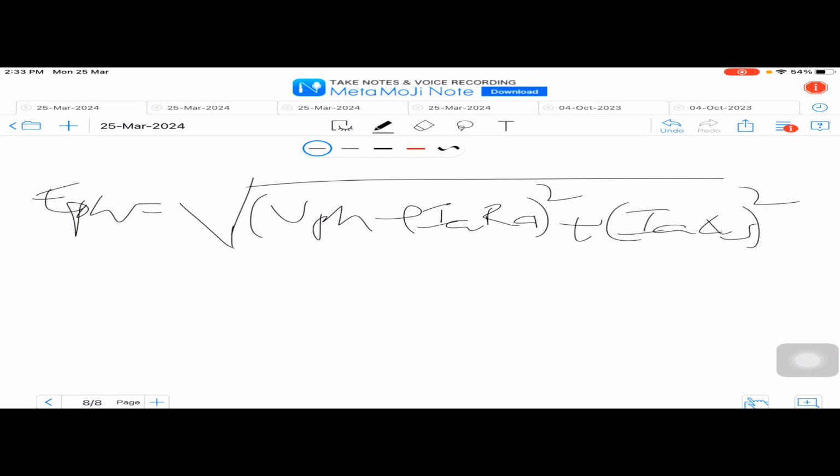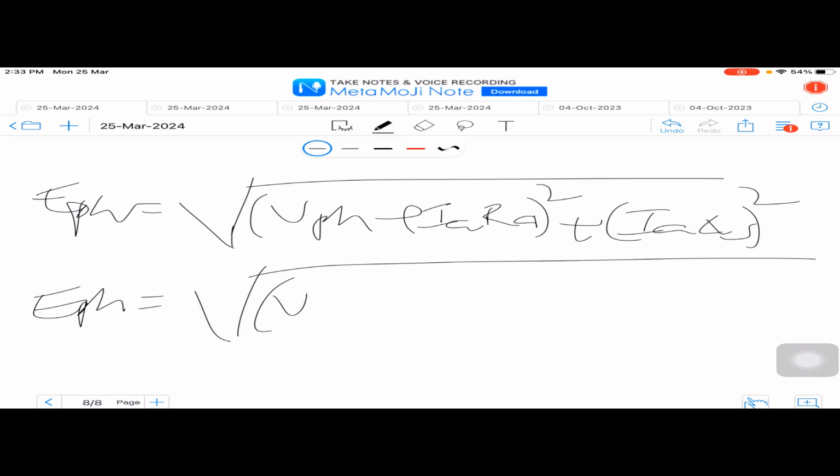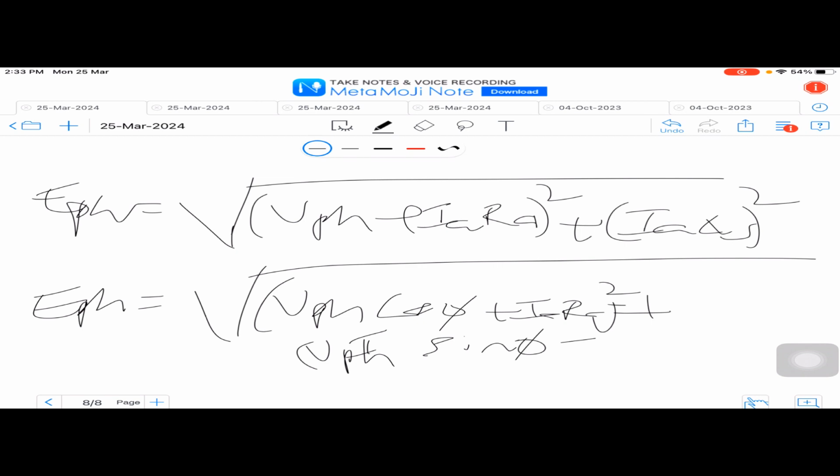For leading and lagging, EPH is equal to the square root of (VPH cos phi plus IA RA) square plus (VPH sin phi plus or minus IA XS) square.